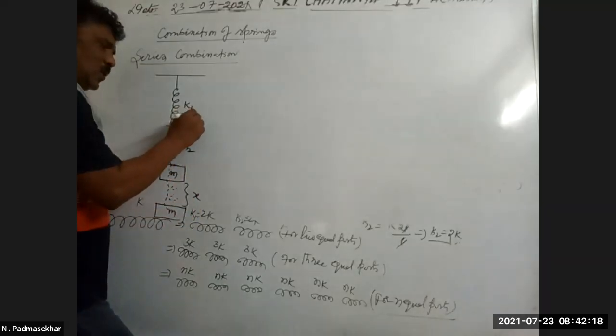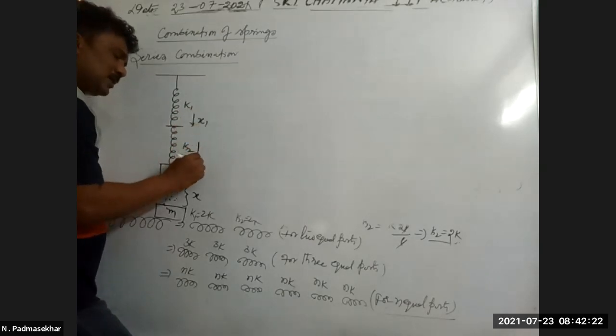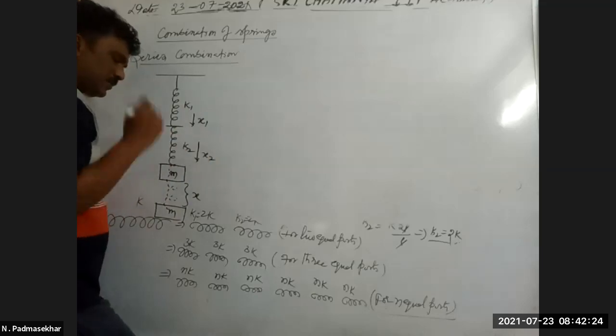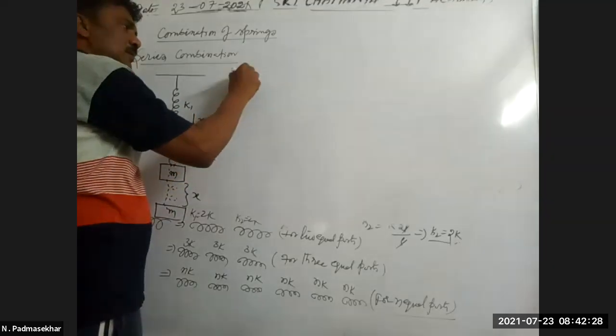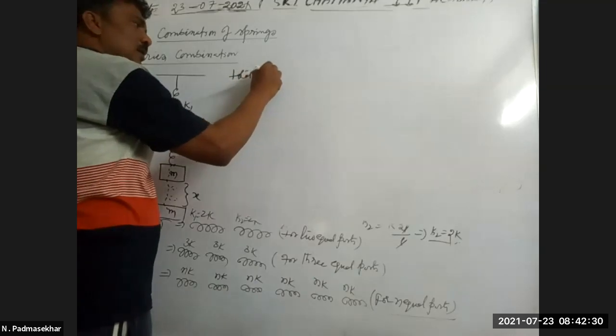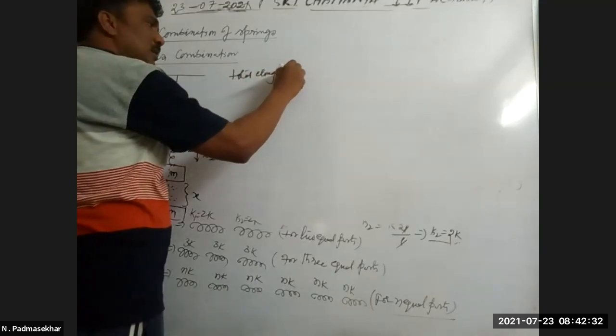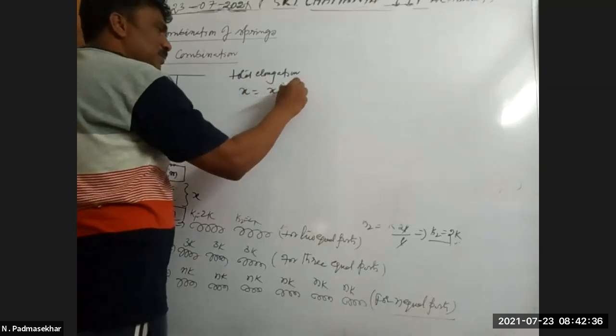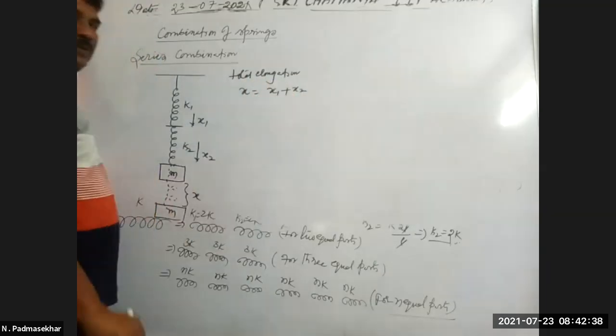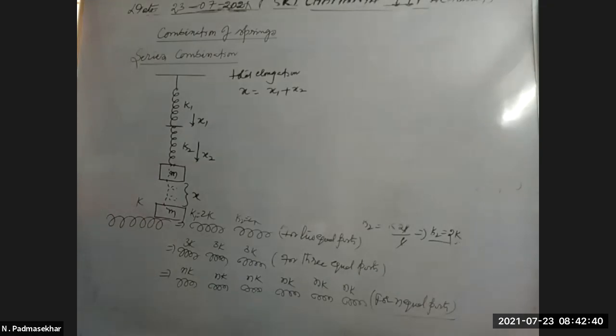Elongation is produced in this spring, that is x1, and in this spring, that is x2. The total elongation x is equal to x1 plus x2.